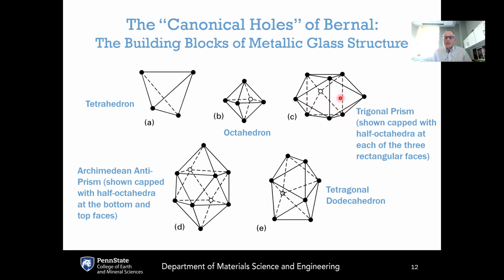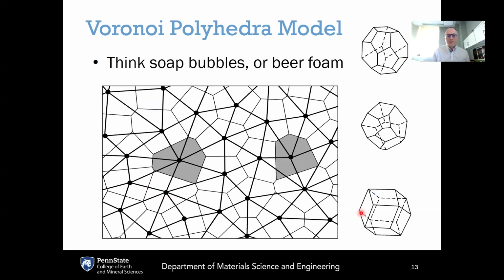This one here is labeled as a trigonal prism. This one D is called an Archimedean antiprism. This is capped with a half octahedra at the bottom and the top, and then a tetragonal dodecahedron here in part E. Basically there'd be a mixture of these different types of polyhedra, and then they would all pack together.